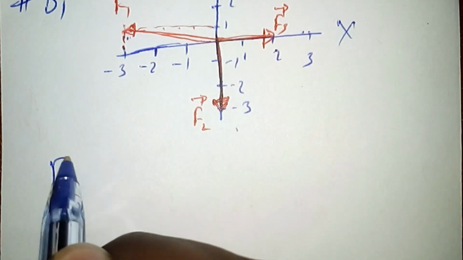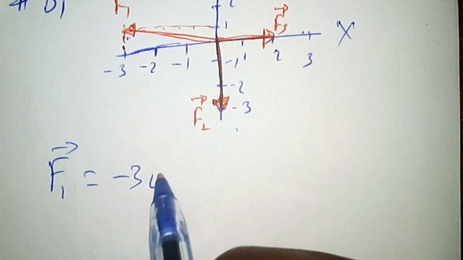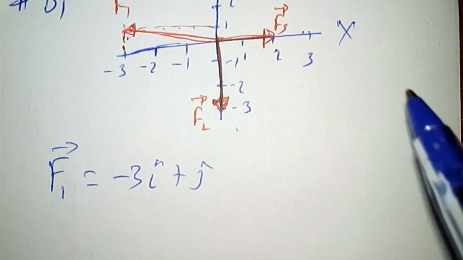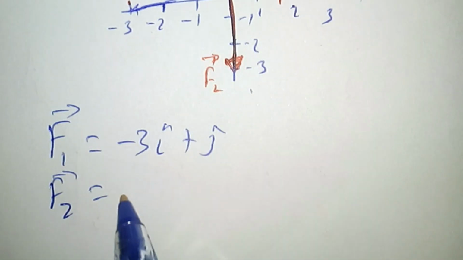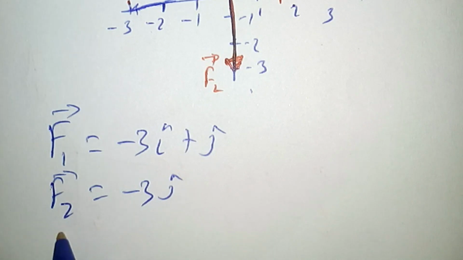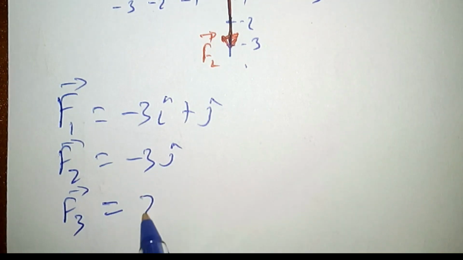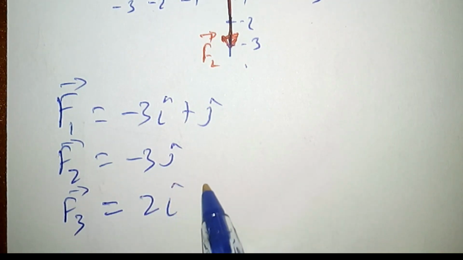So we can say that F1 is equal to minus 3i plus j. F2 is only along the j, that is minus 3j, and F3 is only along the x-axis, which is 2 units along the I.